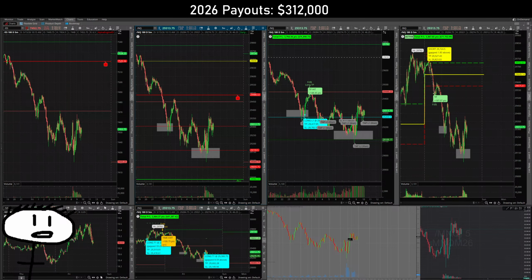Let's see what we got here. The next model I'll look into is RSI divergence.